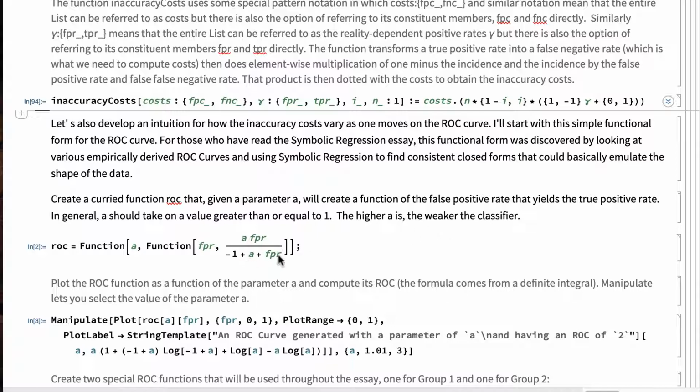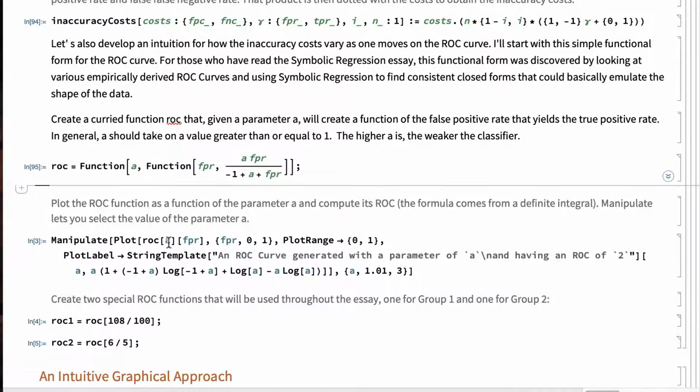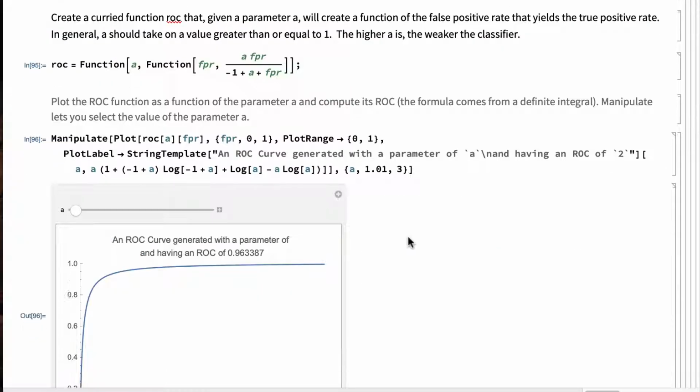the classifier is. So just so you get a flavor of how this all works, I'm going to have a manipulate here in which I plot the ROC curve and see how the curve varies as we change the parameter A. I'm also going to compute the area under the curve, which we've studied before, a metric of how well the classifier is performing.